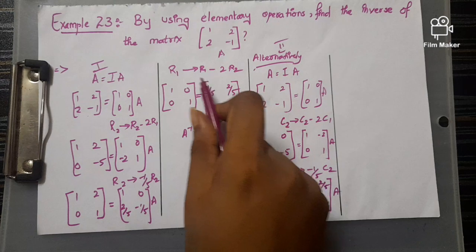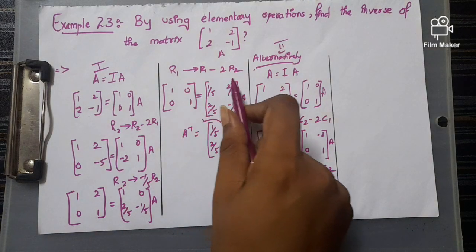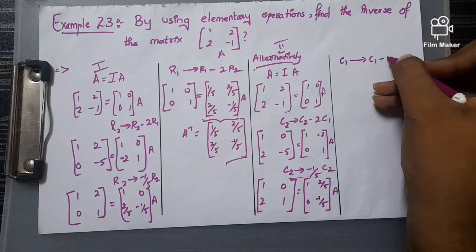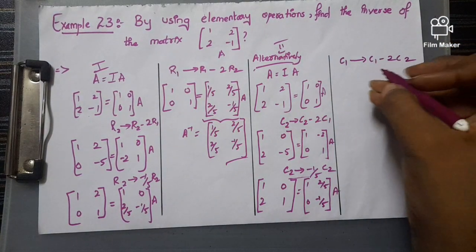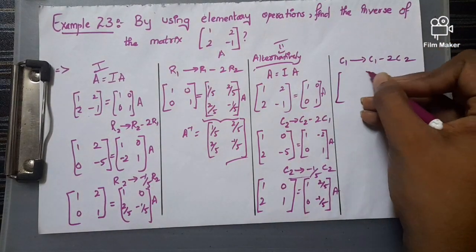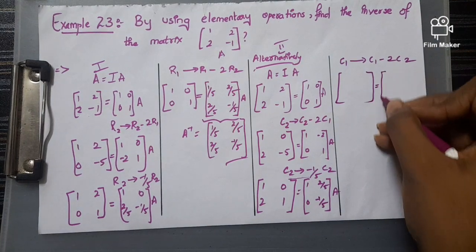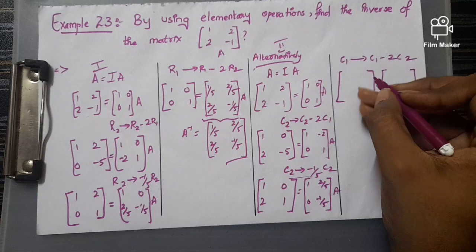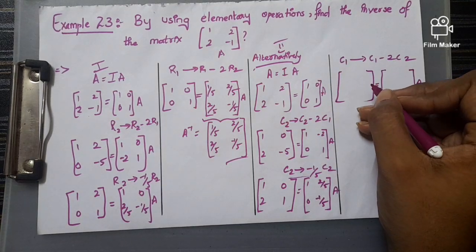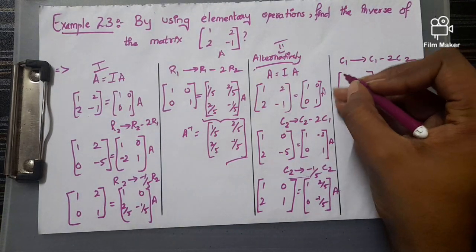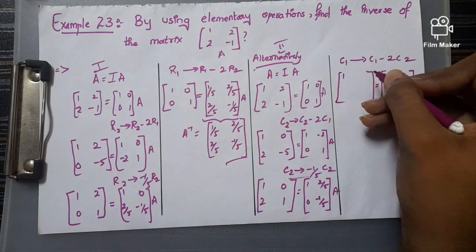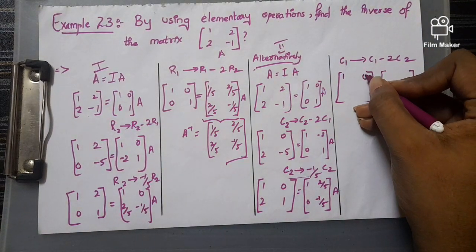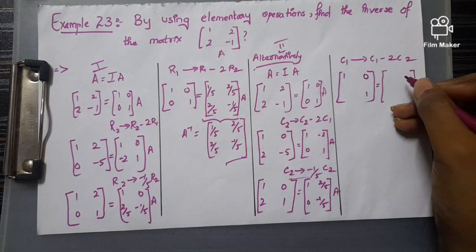Now again, the same way, C1 changes to C1 minus 2 C2. Just see the C1 value alone, and don't disturb C2. C1 should not be disturbed elsewhere, so 0 1 remains the same.